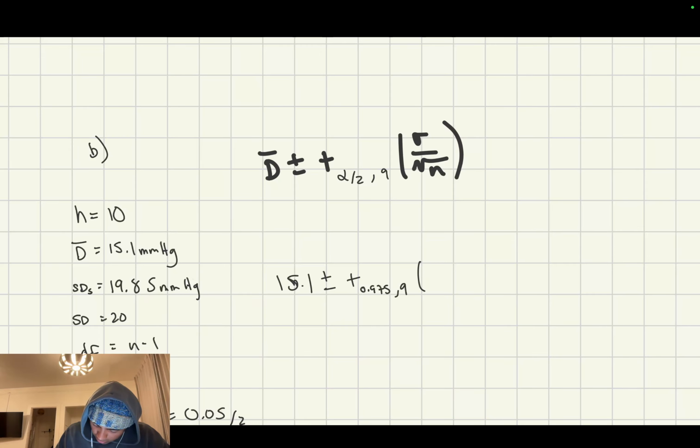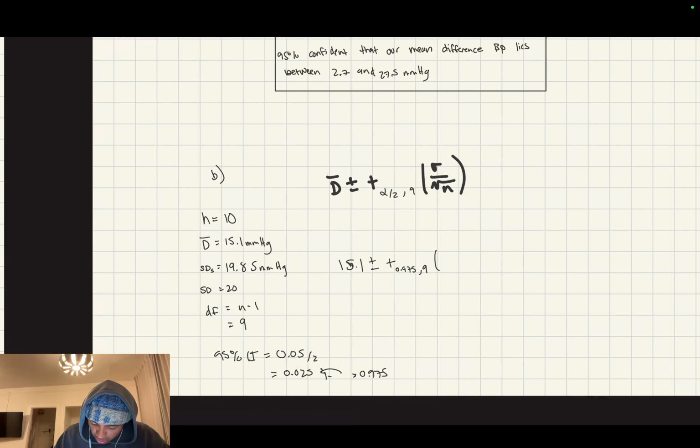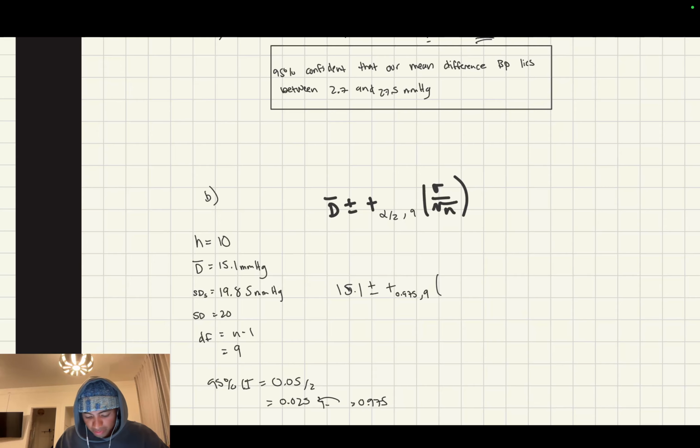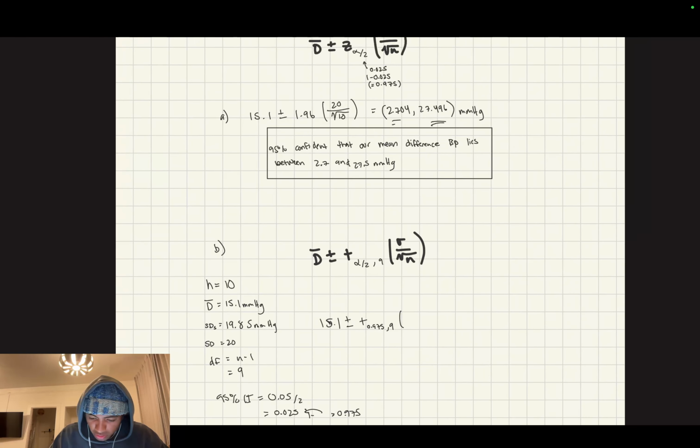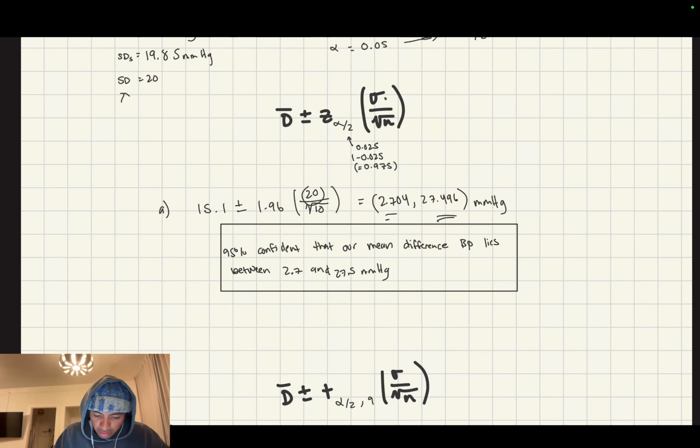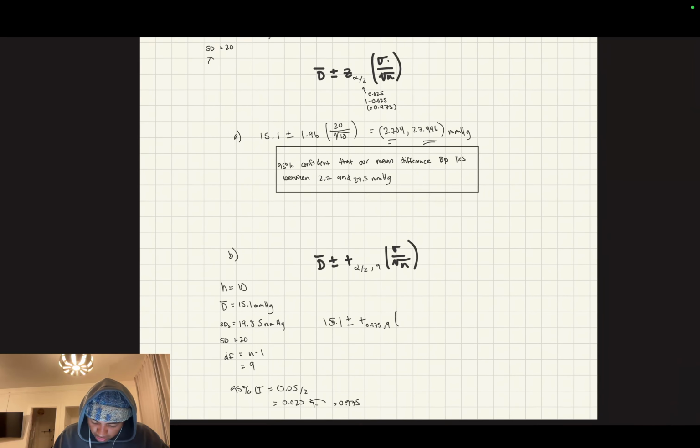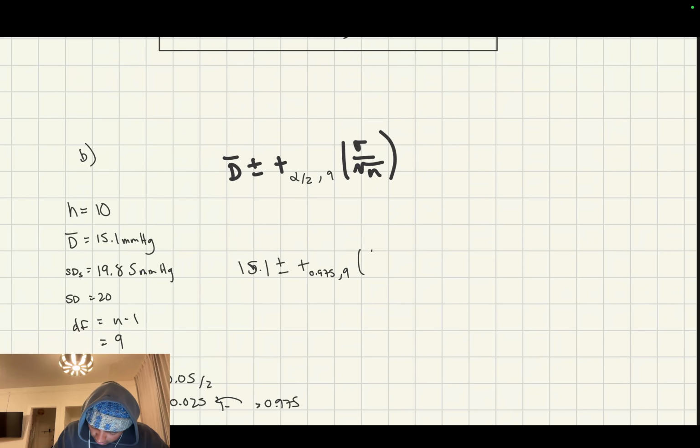For the standard deviation, this time we use our sample, not the known one, which earlier was 20. Now we're using the sample, which is 19.85, over the square root of n, which is 10.